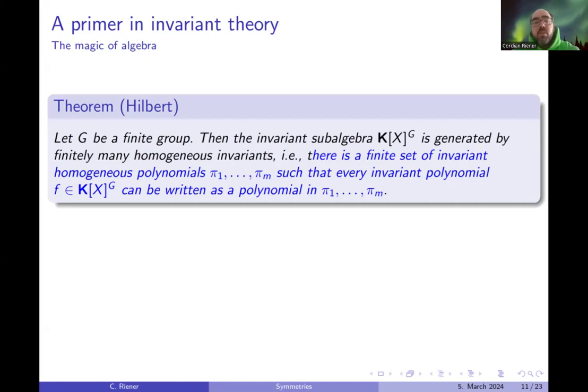What Hilbert could show is that this holds for any finite group, and even more generally for all groups where we can have this Reynolds operator.